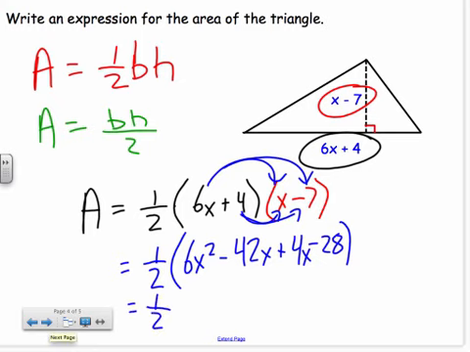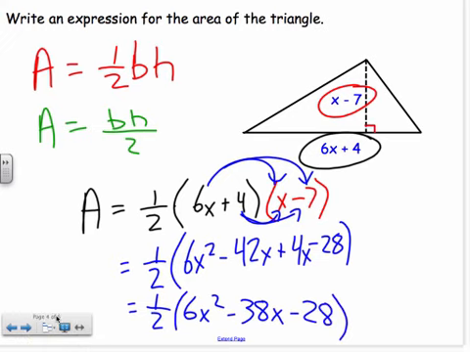So I still have my 1/2 out front here. Bring my 6x squared down, and a negative 42x, and a positive 4x for a negative 38x, and a minus 28. So I'm saying my area equals that so far. Well, I can actually, if you notice, I have that 1/2 out front.